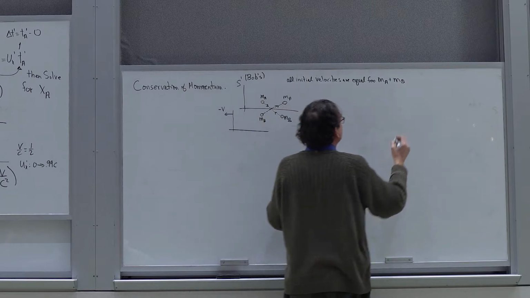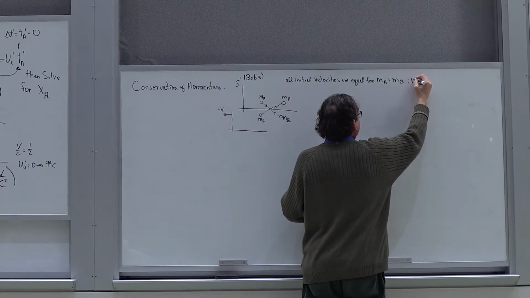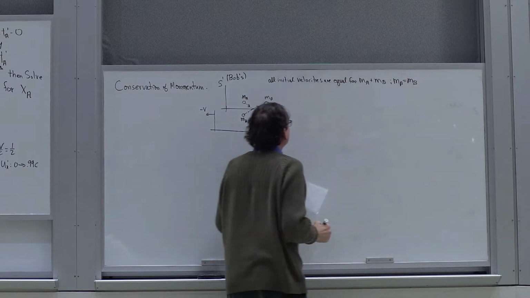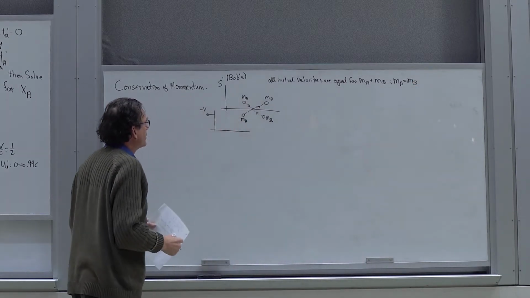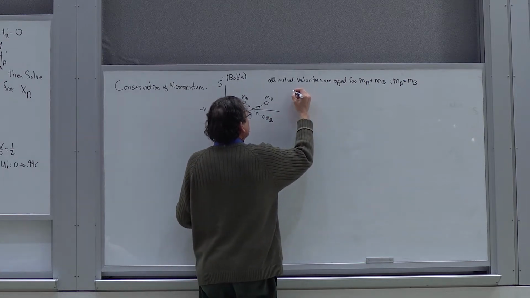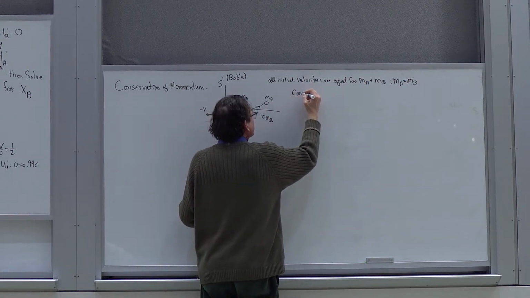Furthermore, we're going to assume that the mass of A is equal to the mass of B. Makes it even simpler. The balls have equal mass, and they scatter off of each other, and I apply conservation of momentum.